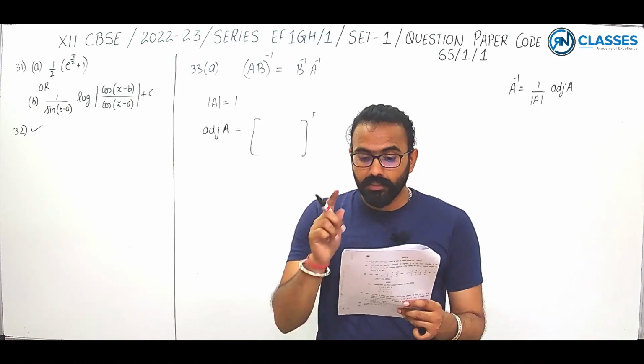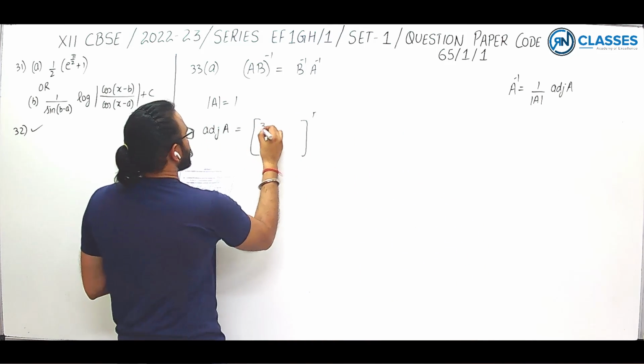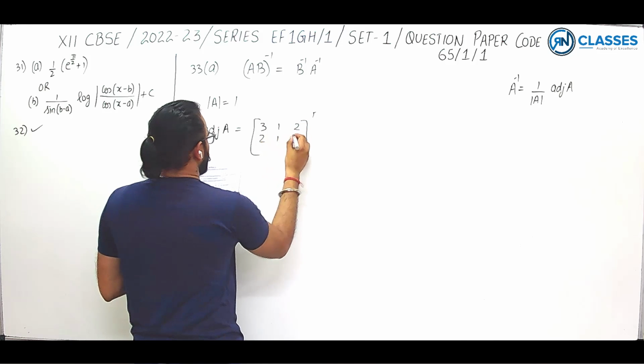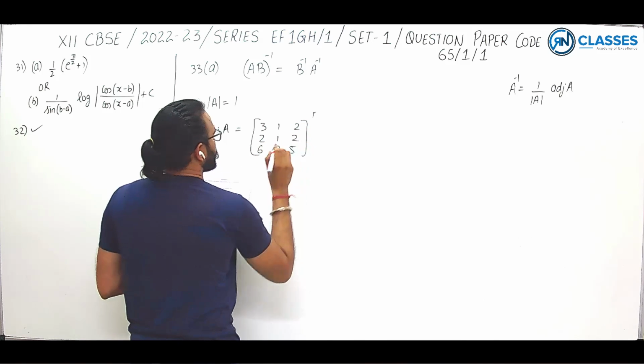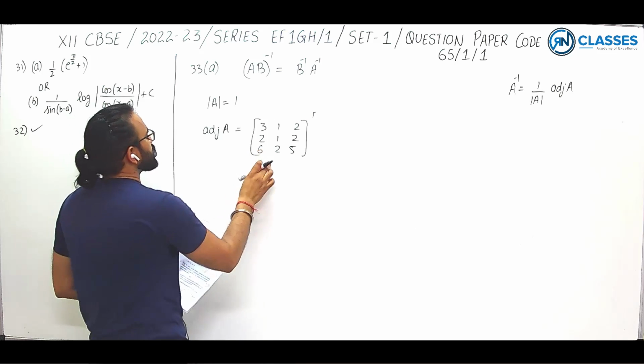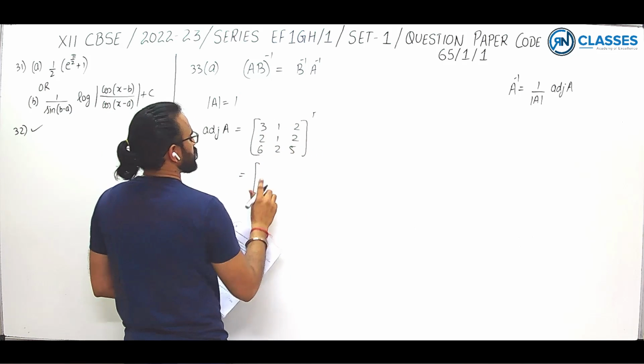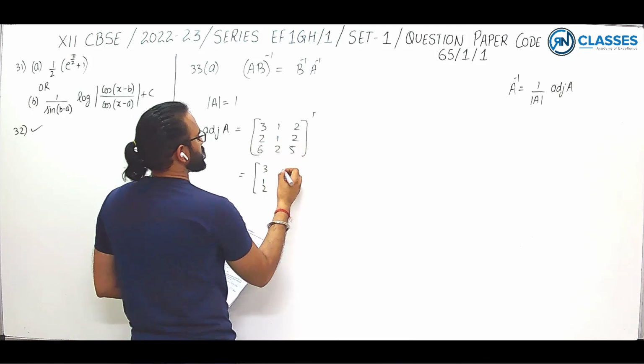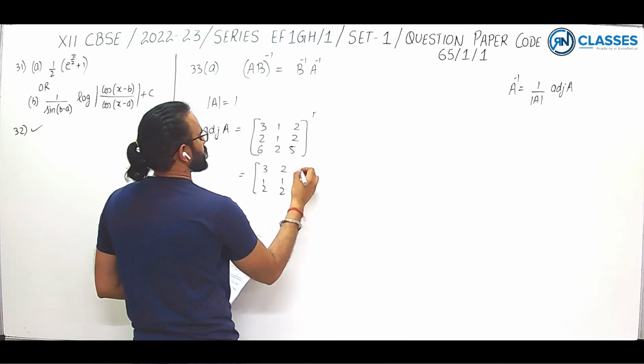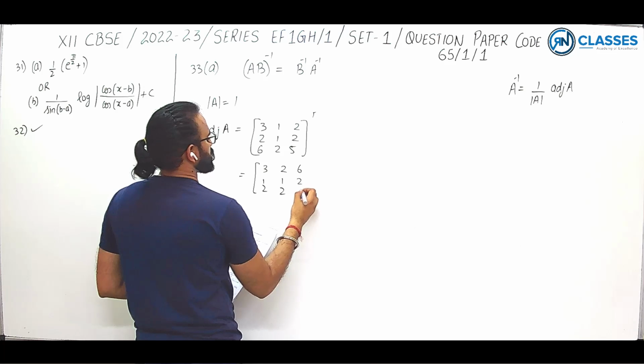Cofactor matrix turns out to be 3, 1, 2, 2, 1, 2, 6, 2 and 5. इसका ट्रांसपोज जैसे ही आप कंसीडर करोगे, एडजॉइंट ऑफ ए फाइनली टर्न्स आउट टू बी रो 1 चेंजेस टू कॉलम 1: 3, 1, 2, रो 2 चेंजेस टू कॉलम 2: 2, 1, 2, रो 3 चेंजेस टू कॉलम 3: 6, 2 एंड 5.